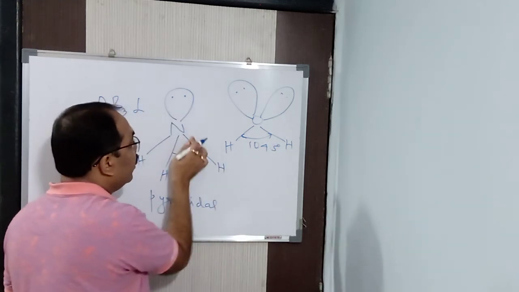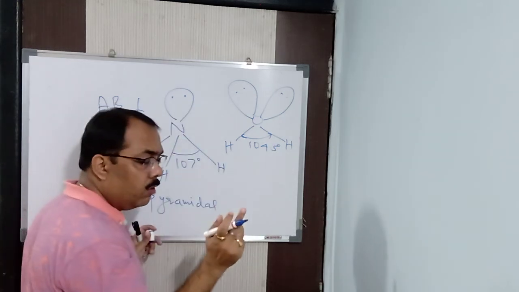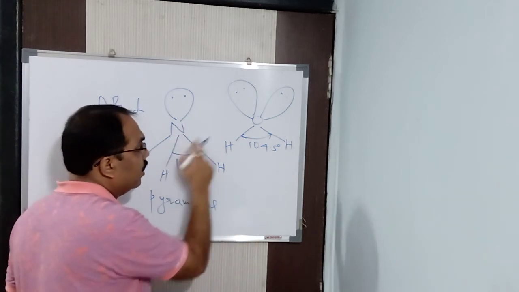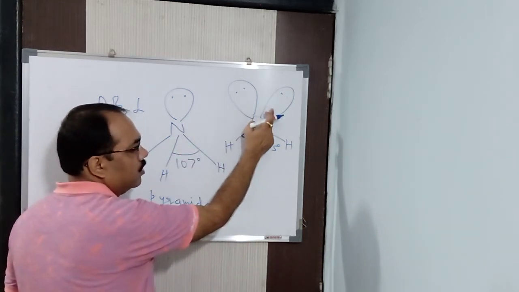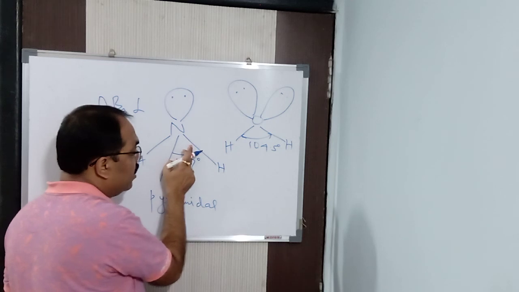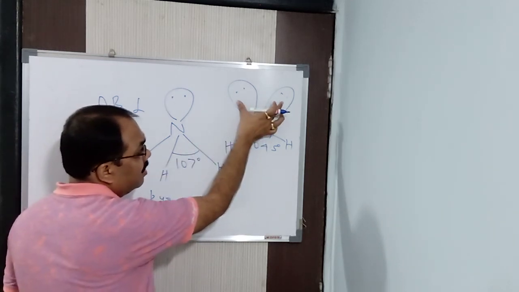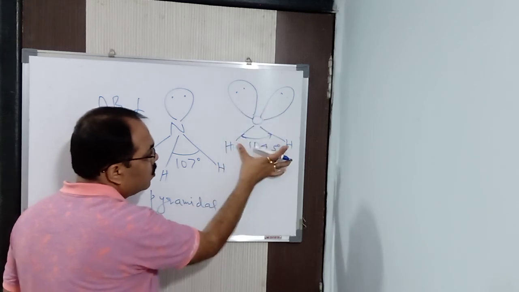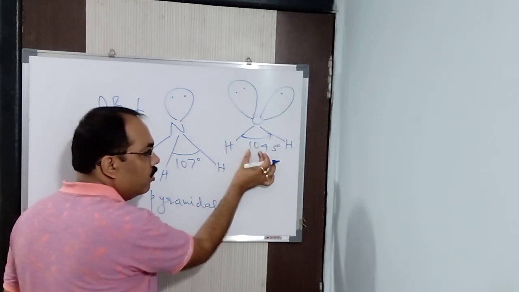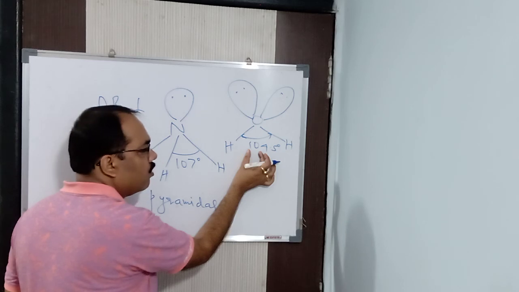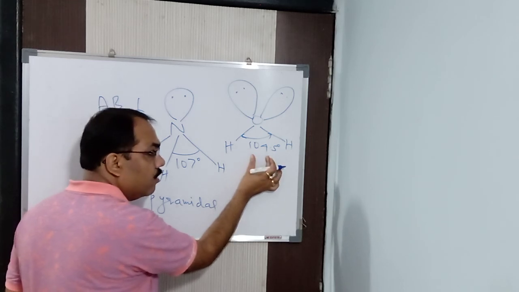As this repulsion is more, it will repel more and come closer more, so the bond angle decreases more from 109.5.